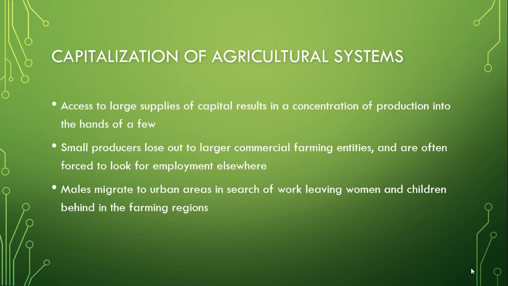So as an environmental planner, when you're looking at agricultural systems, these are things you need to take into consideration, because a diversity of agricultural activities is what is important in order to maintain the health of your environment. Also related to this, you find that you have a deficit in terms of availability of labor. Males migrate to urban areas in search of work, often leaving women and children behind in the farming and agricultural regions.